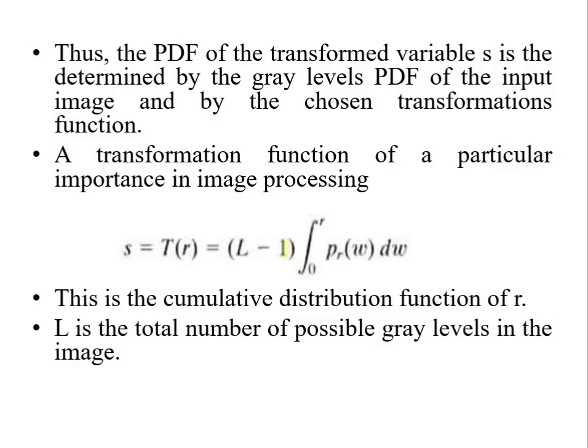Thus, we say that the PDF of the output intensity variable S is determined by the PDF of the input intensity values and the transformation function used.